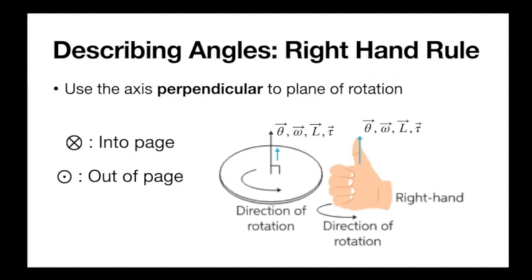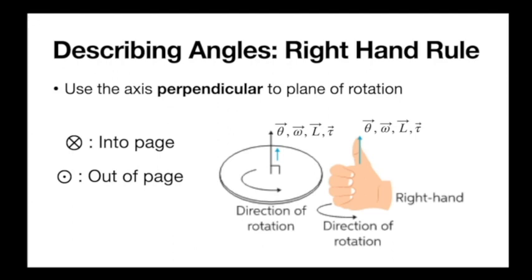So let's try with this clock. What direction is the angular velocity of the hands? So I wrap my fingers, and it can get awkward sometimes. If you ever find yourself unable to quite get it the right way, there's an easier way to do it.